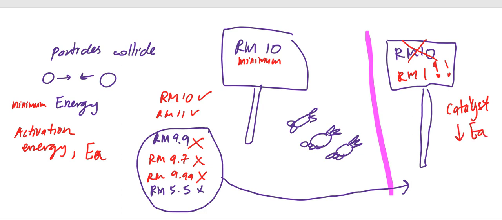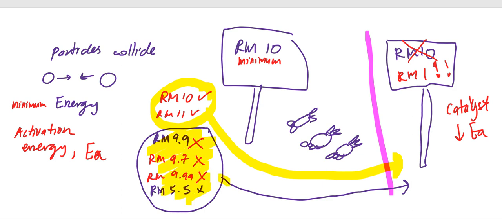It can lower the EA. By lowering the activation energy, just now those people with enough money also can react. These people just now with not enough money also can react. Basically, everybody can buy now. Do you understand? Do you understand what a catalyst does?